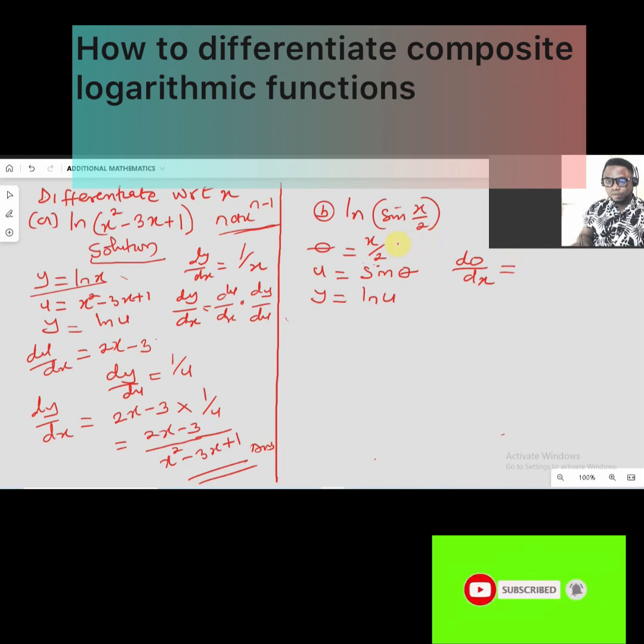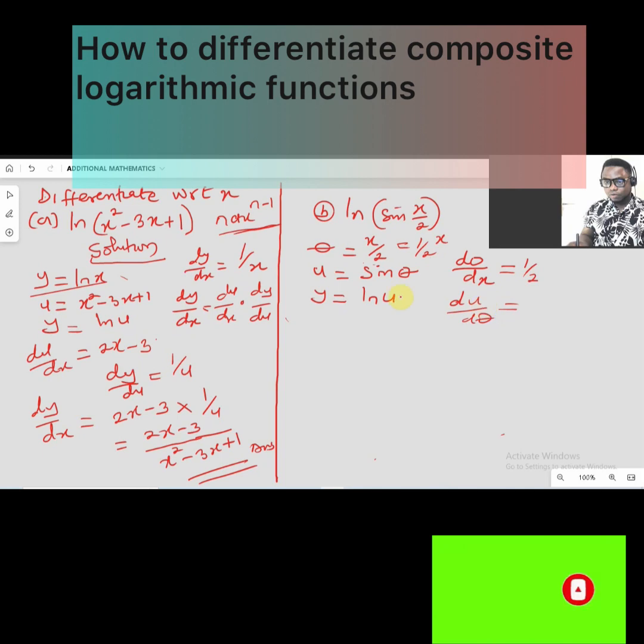You know that this is the same thing as half times x. So when I differentiate this, it's going to give me half, using our general formula here. So I'm going to differentiate u with respect to theta, du d theta.